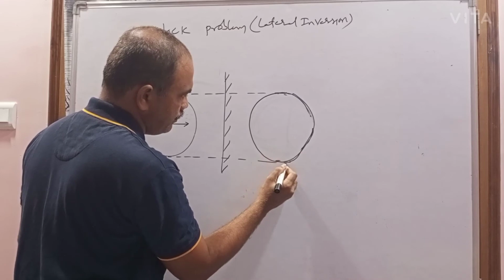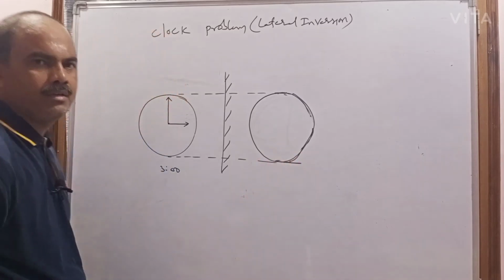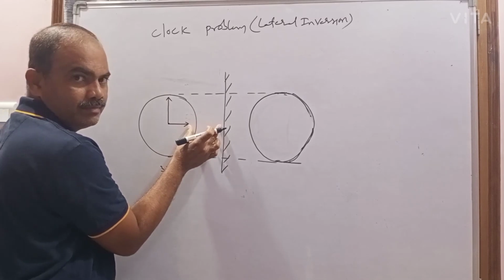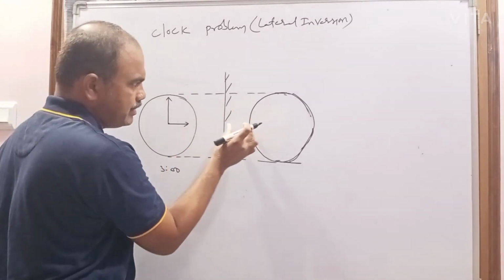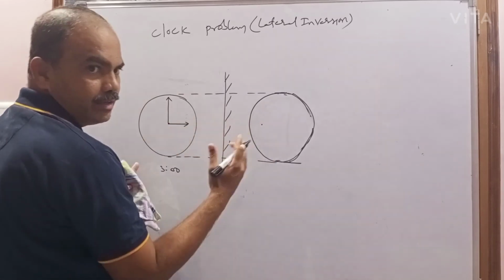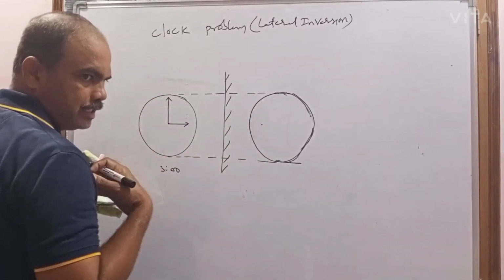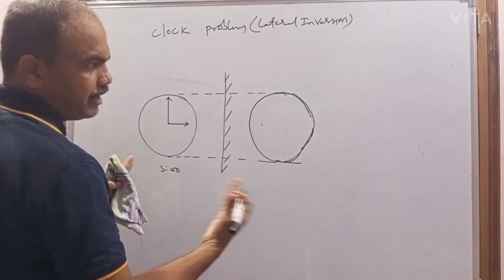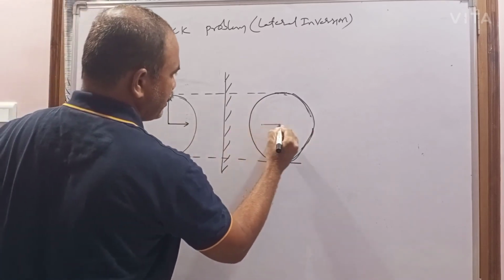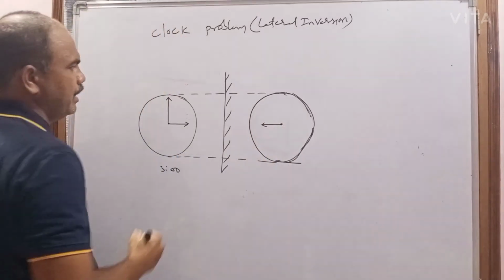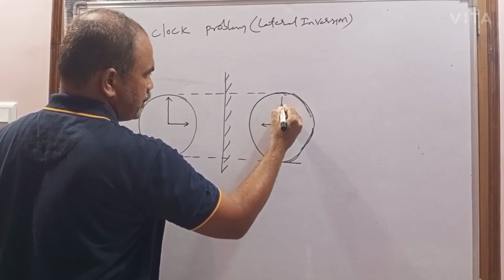I am not drawing it correctly, but imagine that it is exact. But this hour hand is at some distance, and in the image also it is at the same distance. Now it is on which side? With respect to me, it is on the right side. Now it is formed on the left side. And next this is the hour hand position.